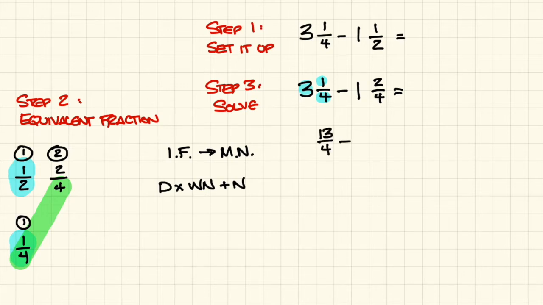The denominator in this scenario does not change. I do the same process with the second number. I'm going to take 4 times 1, which is 4, plus 2, which is 6, and this becomes 6/4.